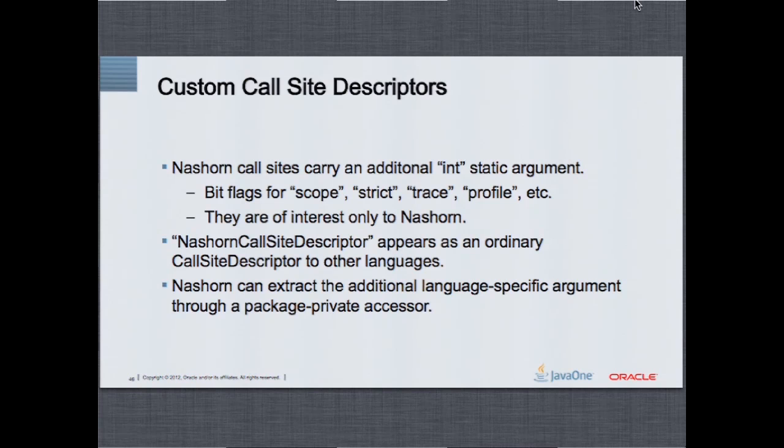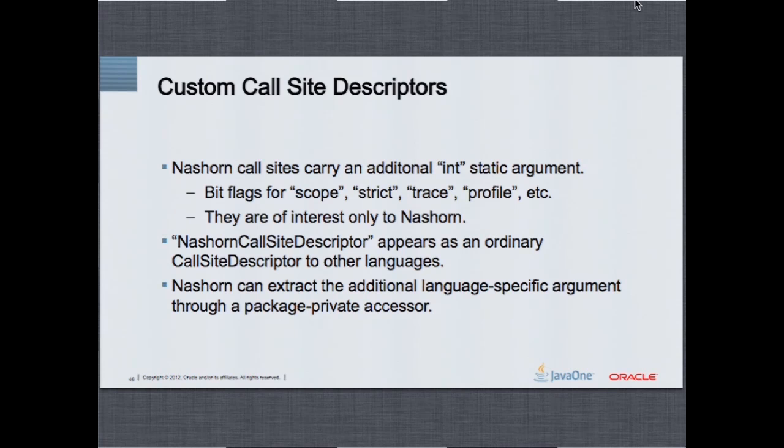And that int contains a bunch of flags, whether the invocation is for a scope, whether we have tracing and profiling set on, and more importantly, whether at that particular CallSite we are using the strict mode invocation semantics of JavaScript. And these are of interest only to Nashorn. So you need to be careful when you are writing your code, because other language runtimes, if they ever receive a Nashorn CallSite descriptor, a beans linker can always receive it, right?